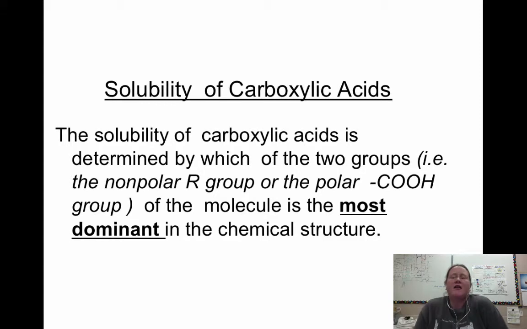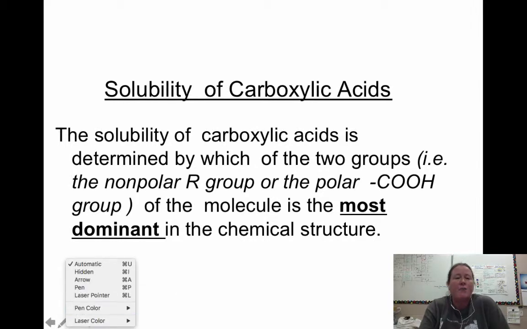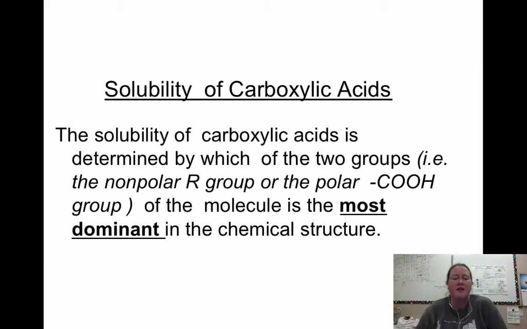The solubility of carboxylic acids is quite variable, and what it really depends upon is how big the carboxylic acid is. So it really depends on which group dominates.